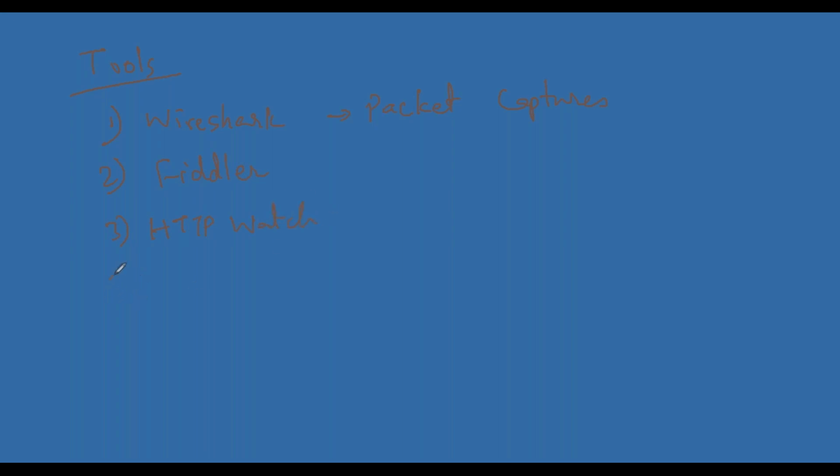And at the end, there is a default tool included in your browser itself, which is called Developer Tools. So you can rely on any of these to find out what all components are being requested from your system.